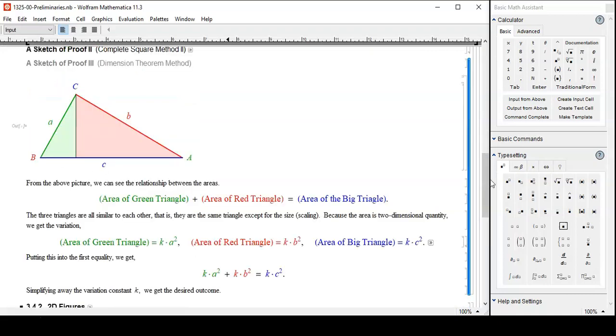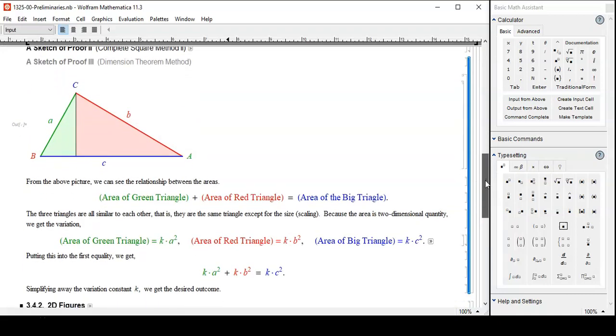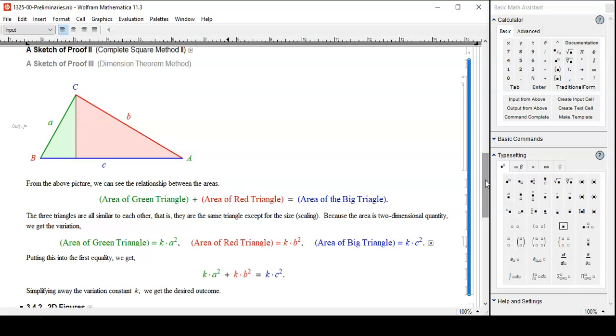Here's another argument. Again, let's look at the area. Area of the green triangle plus area of the red triangle should be the area of the big triangle. And the area of the green triangle must be proportional to a squared because area is a two-dimensional quantity.